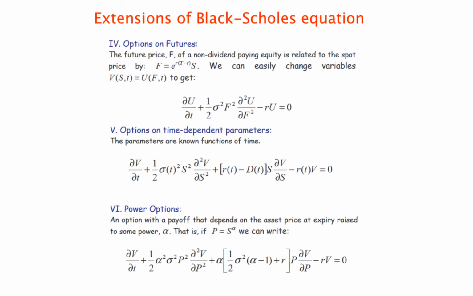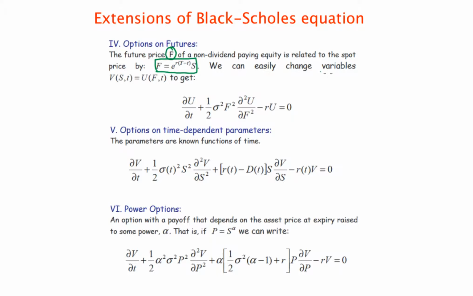So let's go for another one. Another extension of the Black-Scholes equation are options on futures. The future price, which we're going to denote by capital F, of a non-dividend paying equity is related to the spot price the following way. This is the future price.